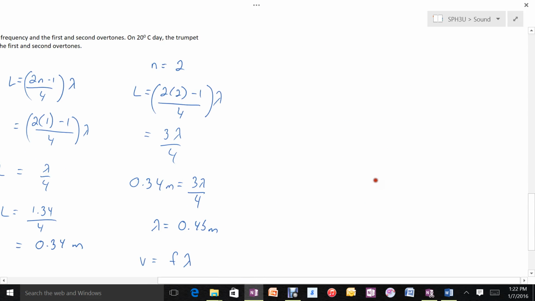One more. So I use the n equals 3. The relationship is that now the length is equal to 5/4 of a wavelength. Again, the length won't change.